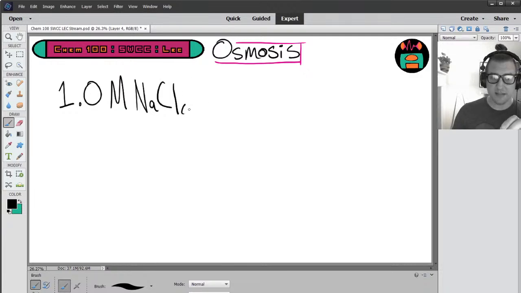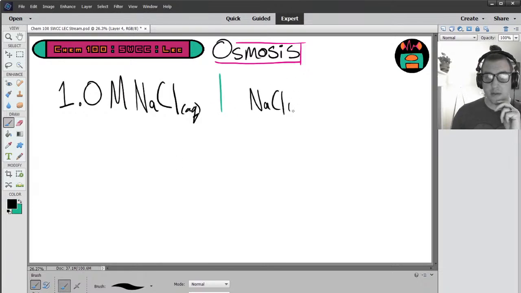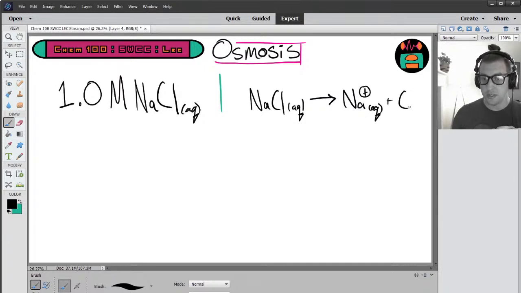But the thing is, as we were talking about last lecture, aqueous sodium chloride has a Van Hoff factor of 2 because it actually has 2 distinct particles dissolved in solution, right?